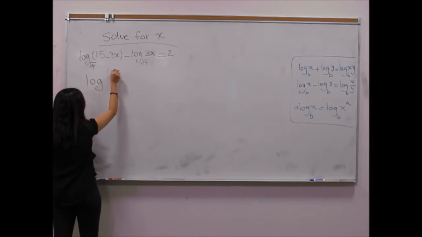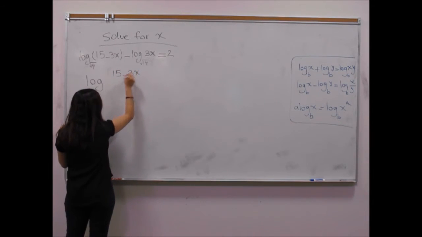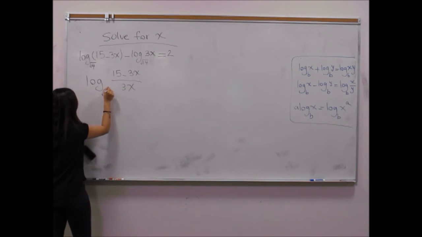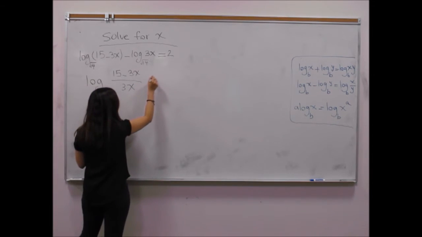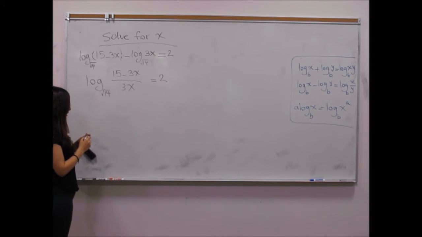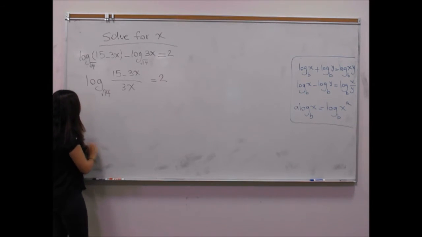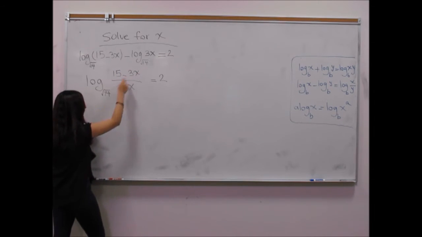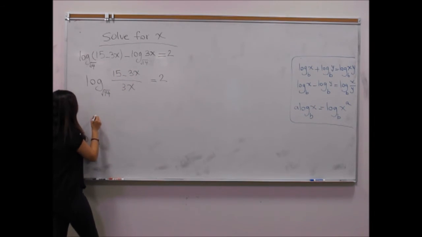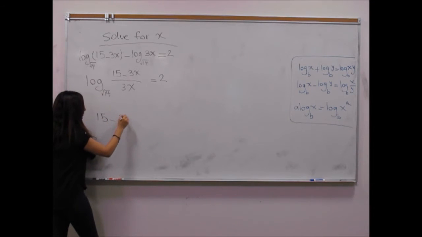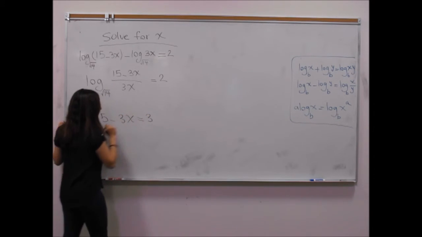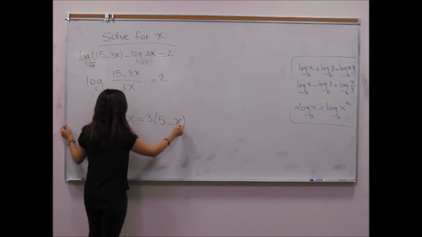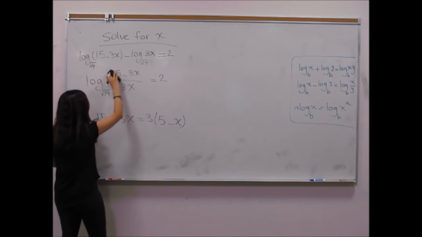This is log of 15 minus 3x divided by 3x, and the base is the same, equal to 2. I have a common factor of 3 in the 15 and 3x, so for the 15 minus 3x, I can factor out a 3 and get 5 minus x.